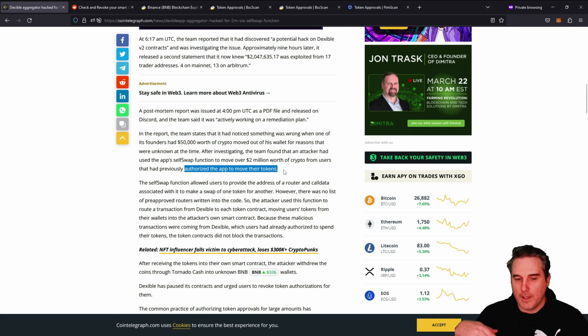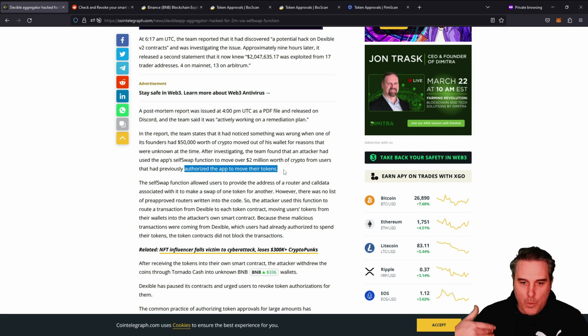Okay, so something that their users on their DEX had cached on chain on the wallet they used, and then that was exploited through a bug in the aggregator code.